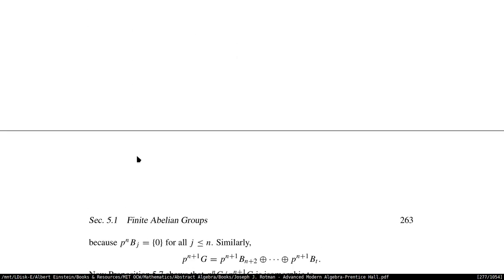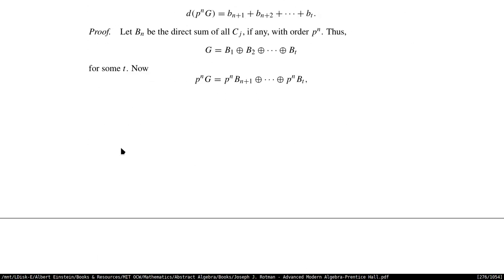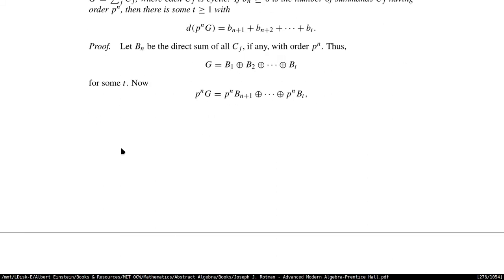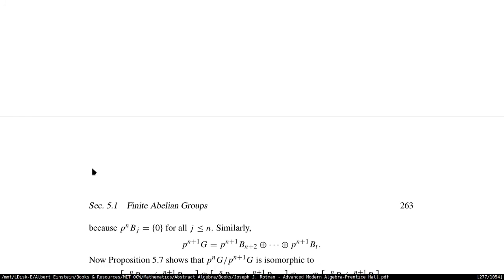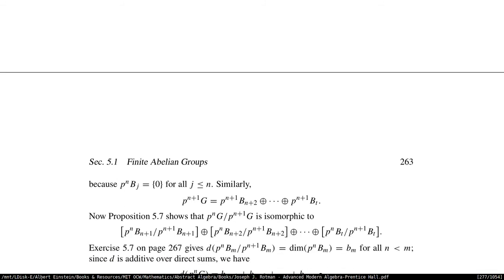And that's because P to the n Bj is going to be 0 for all n, because they're all cyclic. Right. And they have order P to the n. Yep. Similarly, P to the n plus 1 G is just going to be the same thing, but for n plus 1.